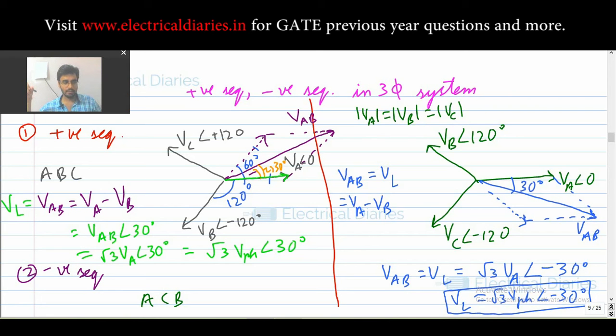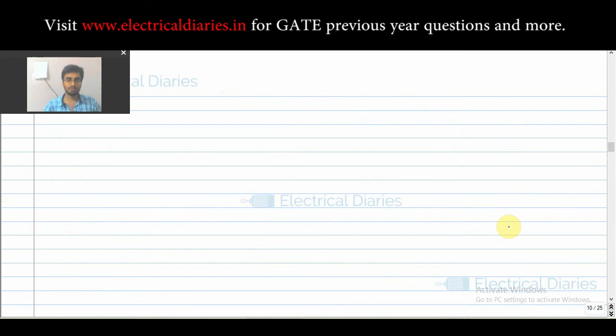In delta, V line is equal to V phase, but line and phase currents have some relation, so I will directly write down the result. You should practice this much with pen. If you have doubts, you can ask in the doubt section.